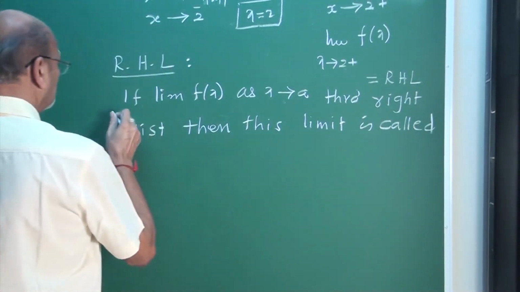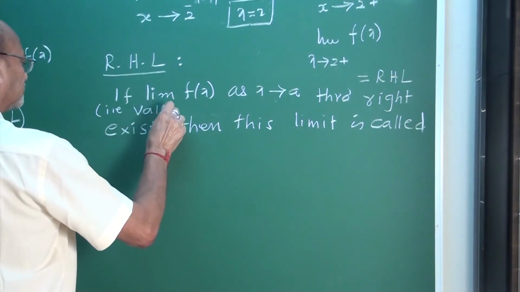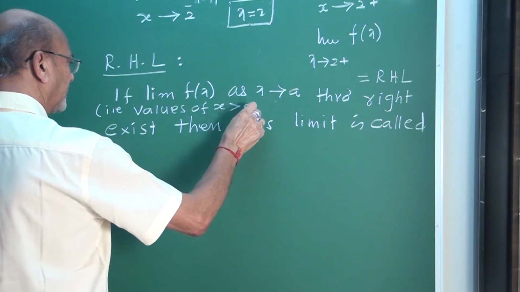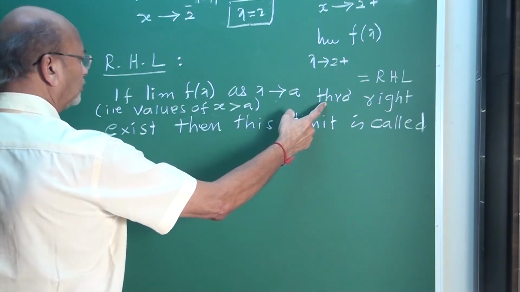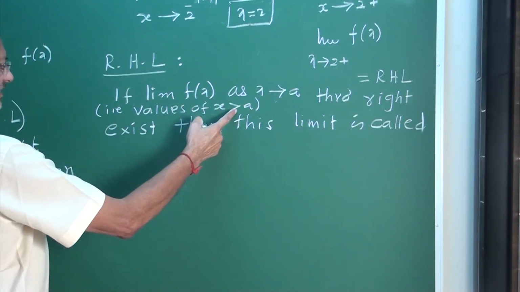Through right means values of x which are greater than a.